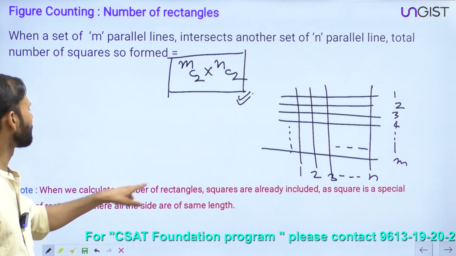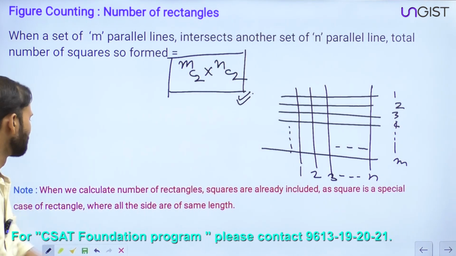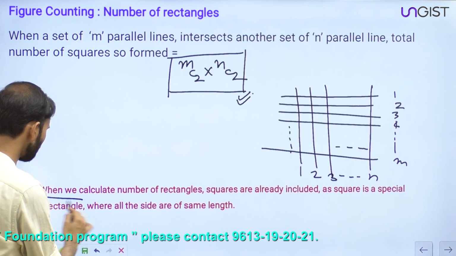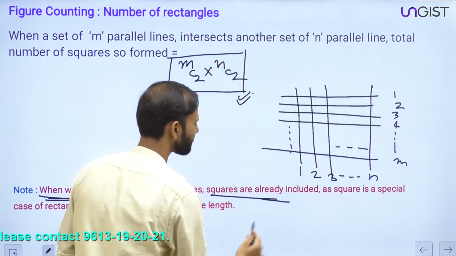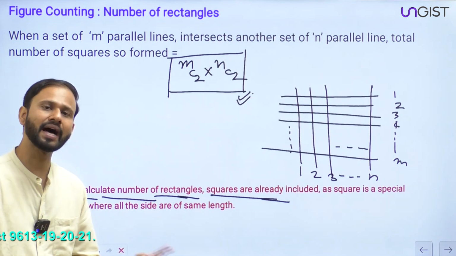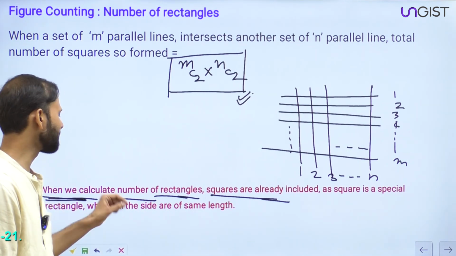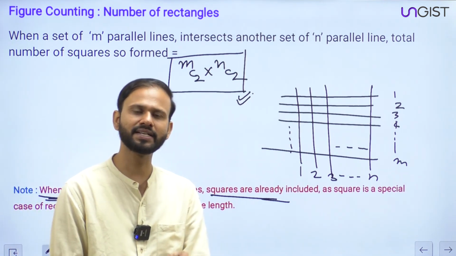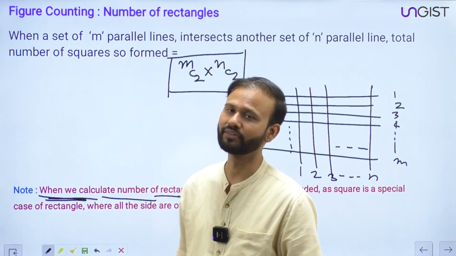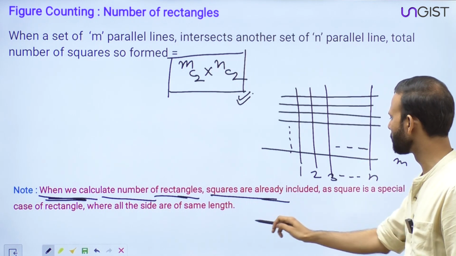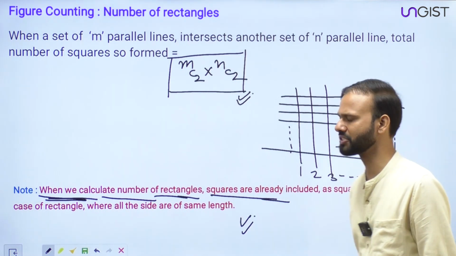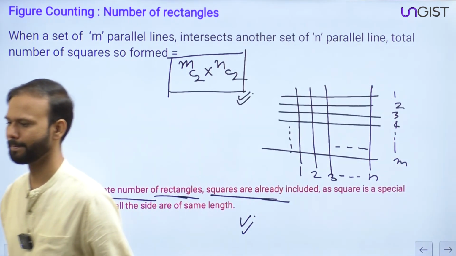When we calculate the number of rectangles, squares are already included, as the square is a special case of rectangle where all the sides are of the same length, right everyone? Please note this concept and this note also, all of you.